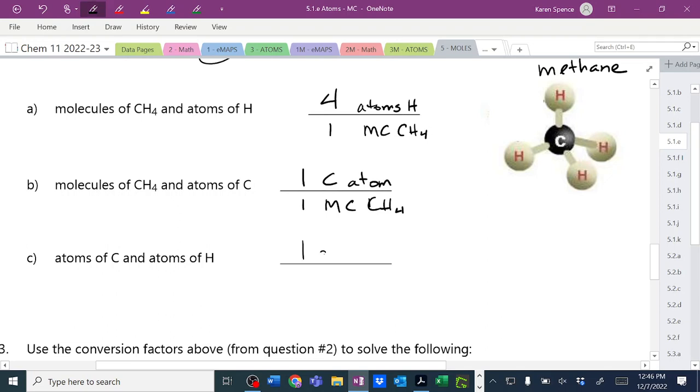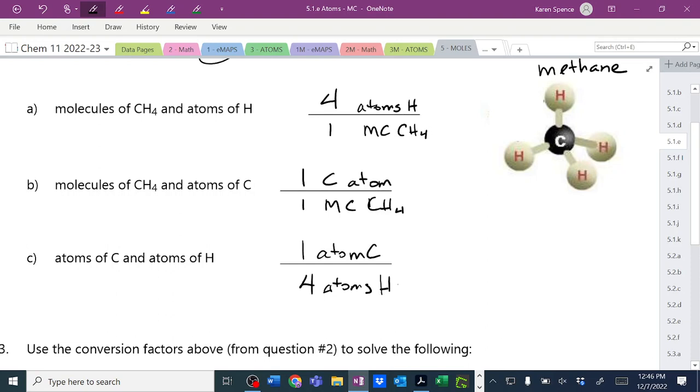There's 1 atom of carbon for every 4 atoms of hydrogen. And you can either write carbon atoms or atoms carbon. You can write molecules CH4 or CH4 molecules. It doesn't matter which way around you write those, okay?